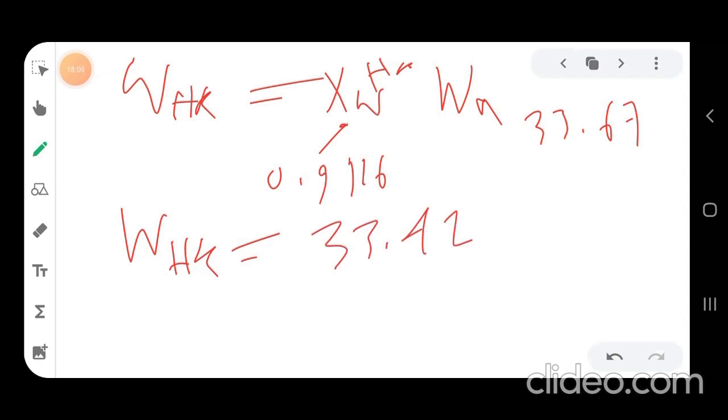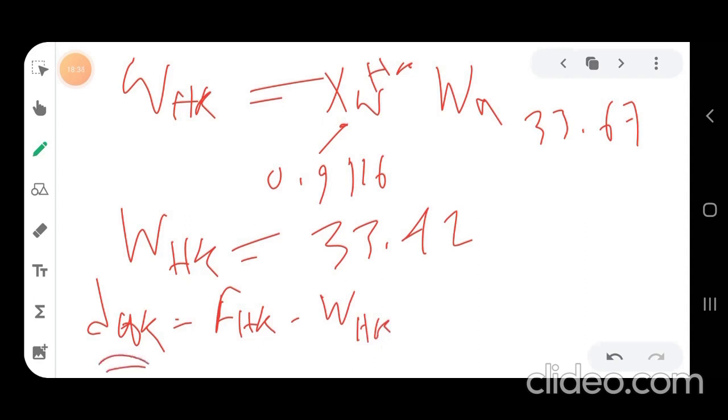Again, I can determine DHK, the distillate flow rate of the heavy key, simply by subtracting from the feed flow rate of the heavy key minus W of the heavy key. So you have this feed of the heavy key, you are removing the waste of this heavy key, so you are going to get the distillate of this heavy key.